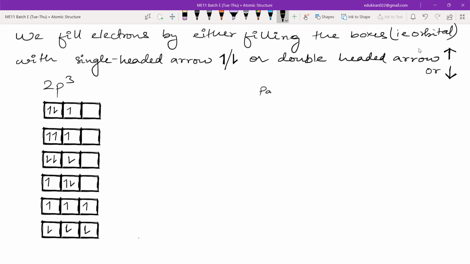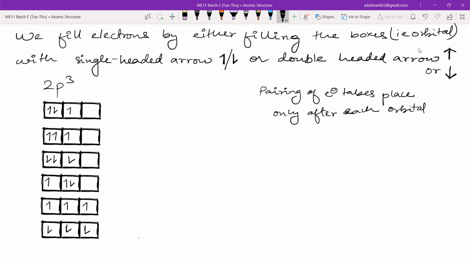It says that pairing of electrons takes place only after each orbital is singly occupied with the same spin.